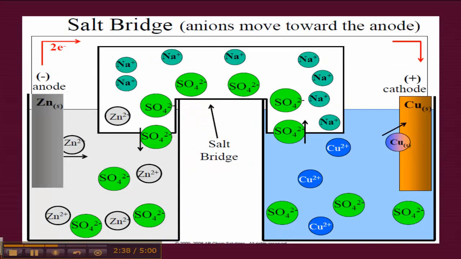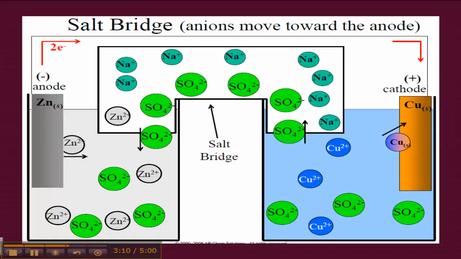Alright, so here is what's going on in the salt bridge. The sulfate ions are moving into and out of the salt bridge to maintain neutrality. As your zinc plus 2 enters the oxidation half cell, a sulfate also enters the oxidation half cell to maintain neutrality. At the same time, your copper 2 gains 2 electrons and forms solid copper. To keep the reduction half cell neutral, a sulfate ion has to leave the solution and enter the salt bridge.